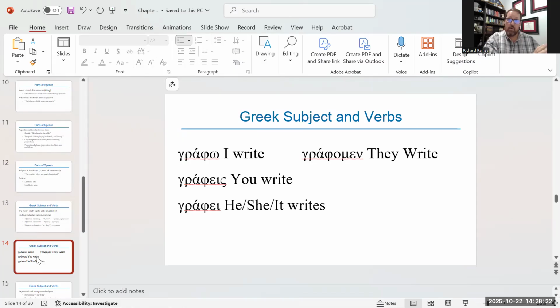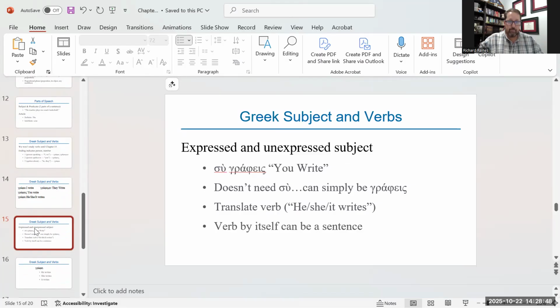But just know that when it comes to verbs, the ending of the verb means that the verb can be its own sentence. So you can see one word in Greek, the word graphomen with a period, and you would translate that as "we write." You see it here. You can also have what they call an expressed or an unexpressed subject.